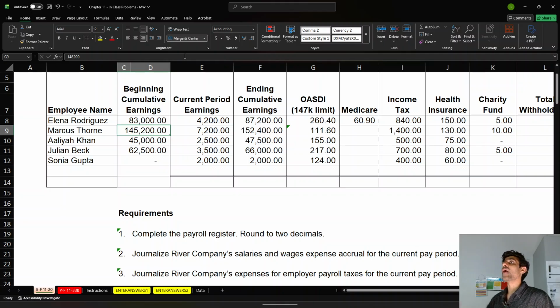It's just now they're crossing over that limit, so they're only going to pay OASDI on that incremental amount. Over the life of the year, they've paid more because they've earned more, right? It's just now that since OASDI is subject to that limit, they're only paying on part of their paycheck.